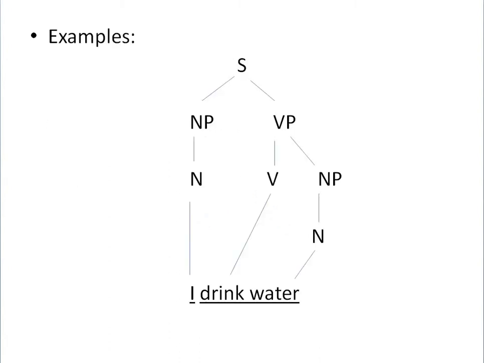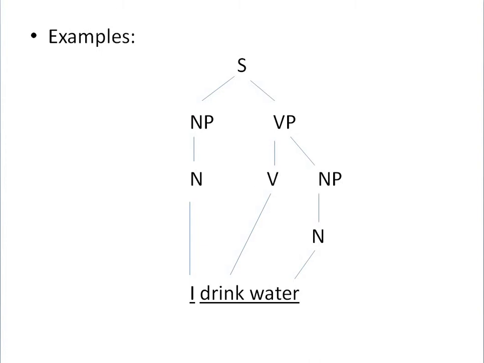So example number 1. The sentence is I drink water. Here I is a noun, or we can say a pronoun. For the analysis, first you see the sentence. First you have to divide it at the point where the verb starts. The word from where the verb starts is the verb phrase.